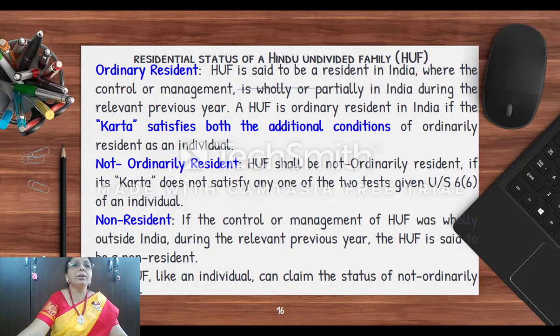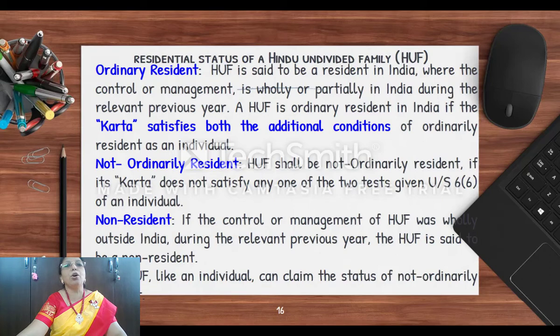All this depends on the Karta, the head of the family. Head of the Hindu undivided family is the Karta. So if the Karta satisfies one basic condition and both additional conditions, then it is ordinarily resident. If the Karta satisfies one basic condition and does not satisfy any one of the additional conditions, he is a not ordinarily resident.